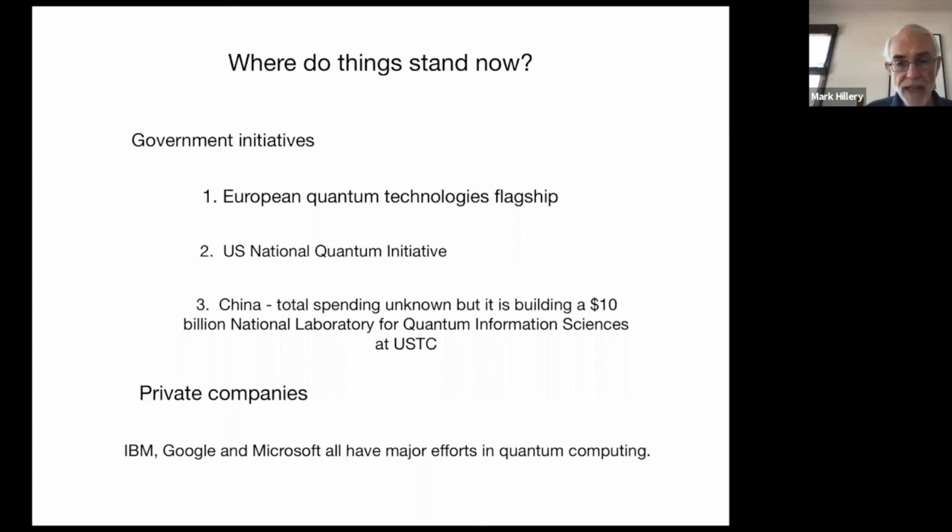Actually in China, Jianwei Pan again, he and his group constructed an optical quantum computing device to do something called boson sampling, which is on good grounds assumed to be difficult to do classically.